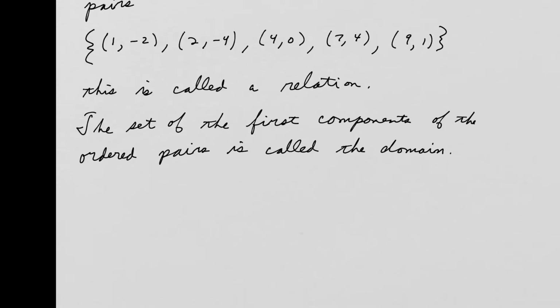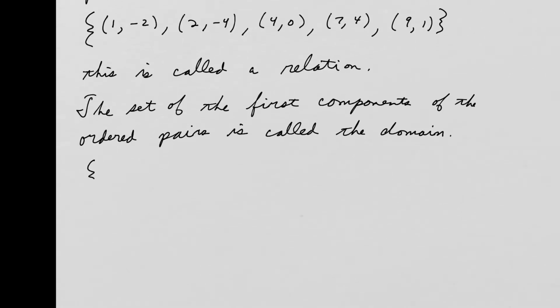So in this case, think of the first value in each ordered pair, which we typically call the x value, but it doesn't have to be x.